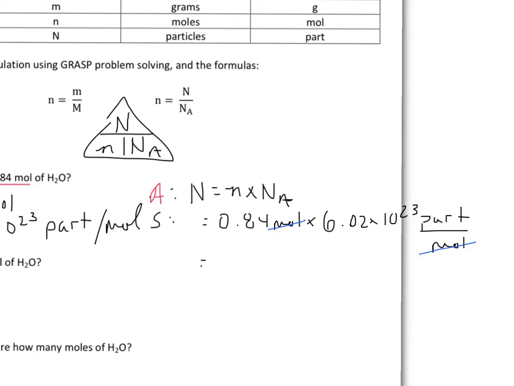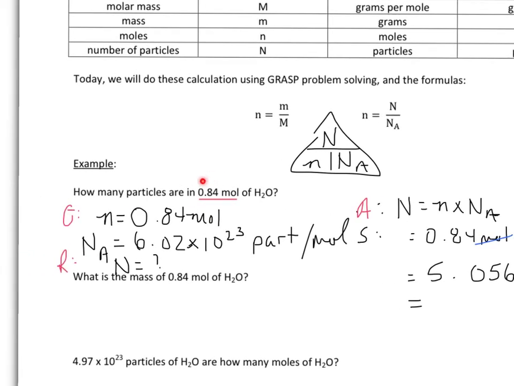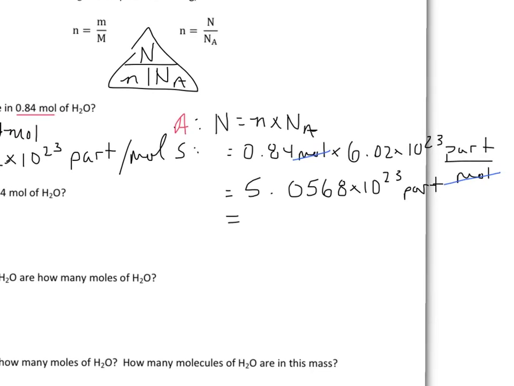And so I get as an answer 5.0568 times 10 to the power of 23 particles. But then I have to look at significant digits. I look back at the start of the question, and my original number had 2 significant digits. So I must round this to 2 significant digits. The answer would be 5.1 times 10 to the power of 23 particles of water.